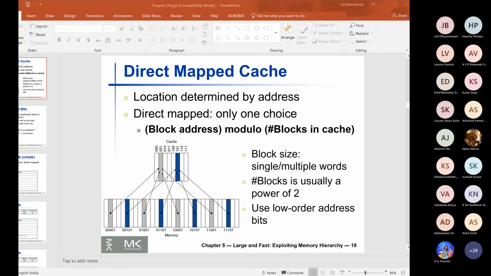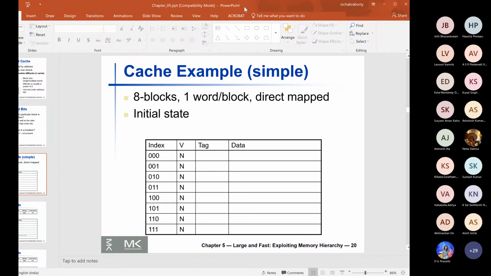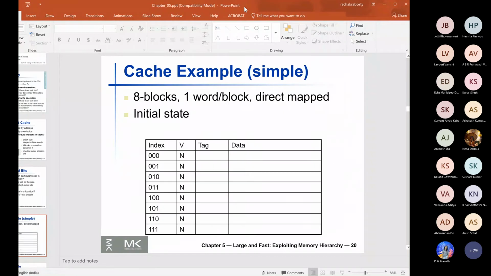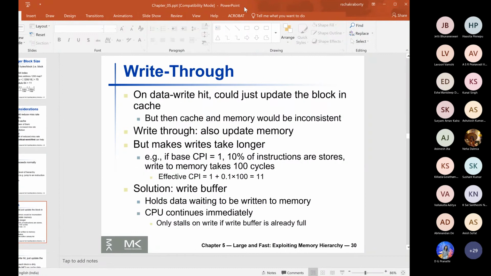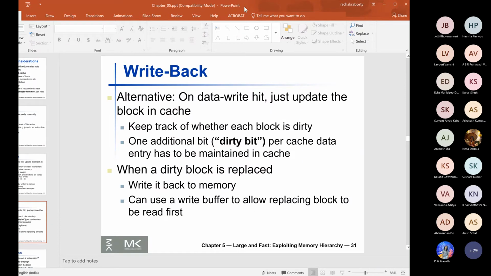Such a policy is called a write through policy. So there are two options: one is called write through, and another is called write back. Of course, write back is more complicated.